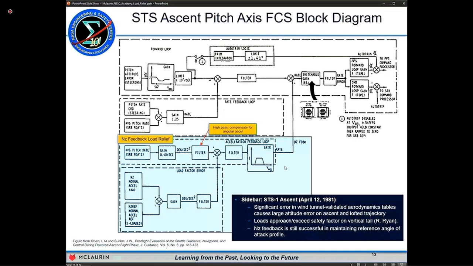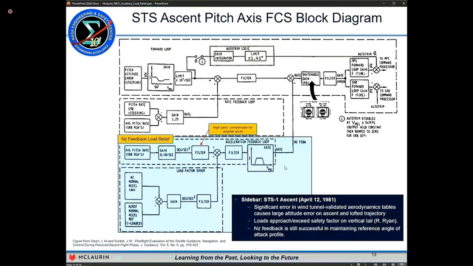And then we've got rate compensation, which essentially is just a high pass filter, takes the angular rate and approximates the angular acceleration to subtract that effect. And then that gets fed back into the inner loop control law. So not really much more complicated than what was done on Saturn, although on Shuttle, the analysis process and the design process was much more involved.